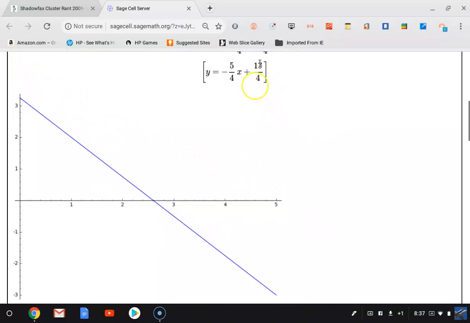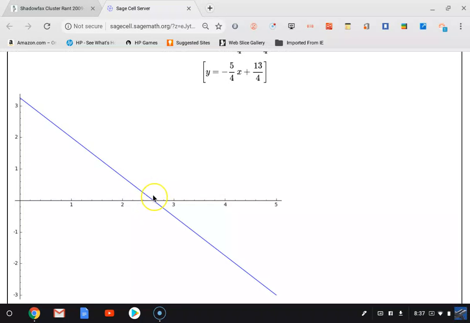Now, the y-intercept is at 13/4. What is that? 4 goes into 13 three times, so 3 1/4. There it is, 3 1/4. That's 3.2 and a little bit more, so 3.25, right?